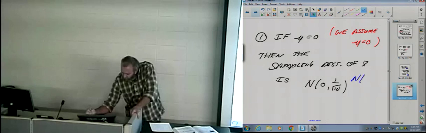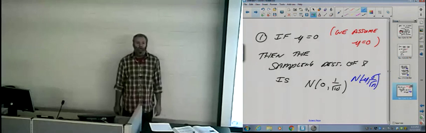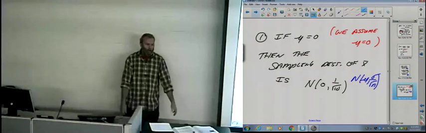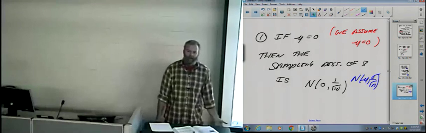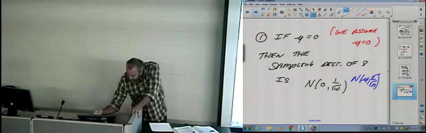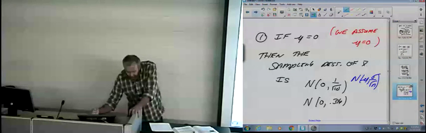It's normal with a mean mu, standard deviation sigma over the square root of n. We've assumed mu to be 0. The standard deviation was given to me to be 1. The sample size we were looking at here is 10. If you pull the calculator out, you're going to get this. It's normal, the mean is 0, and you get a 0.316 there.